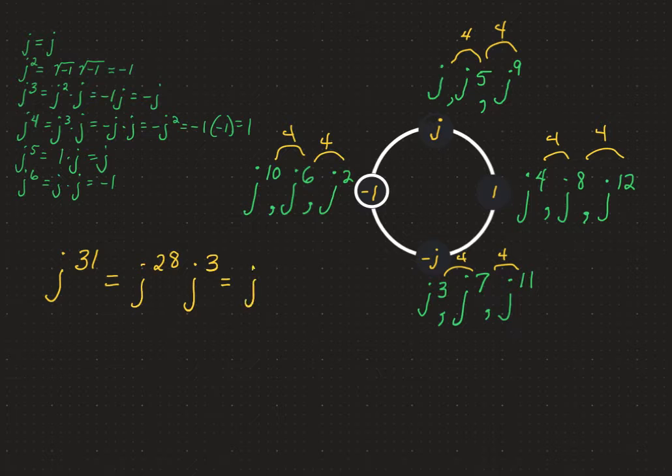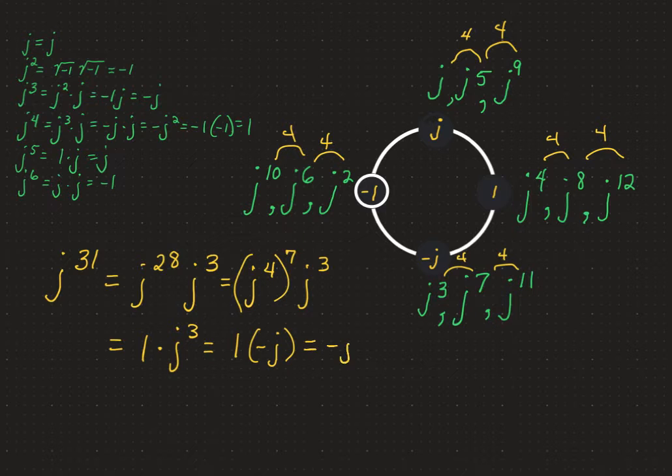So j to the 28th can be rewritten j to the fourth to the 7th, and then times j cubed. Well, what is j to the fourth? J to the fourth is equal to 1, and j cubed, which is what you have left over there, is -j, so we have 1 times -j, which would equal -j.